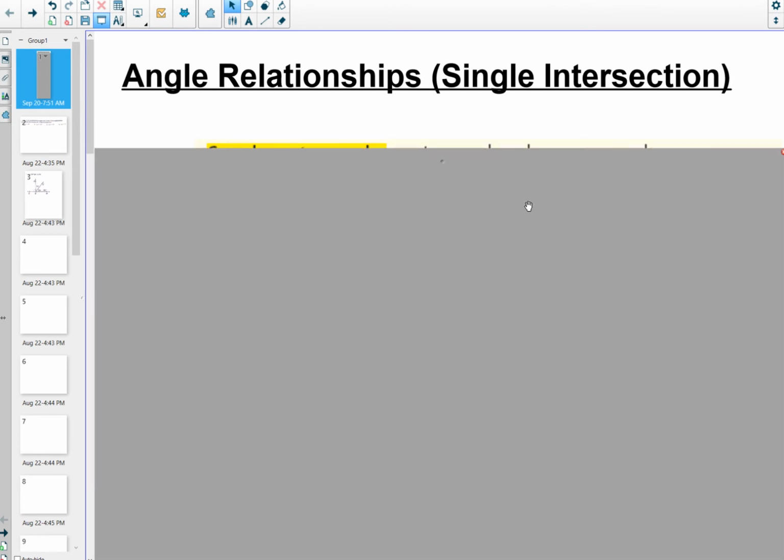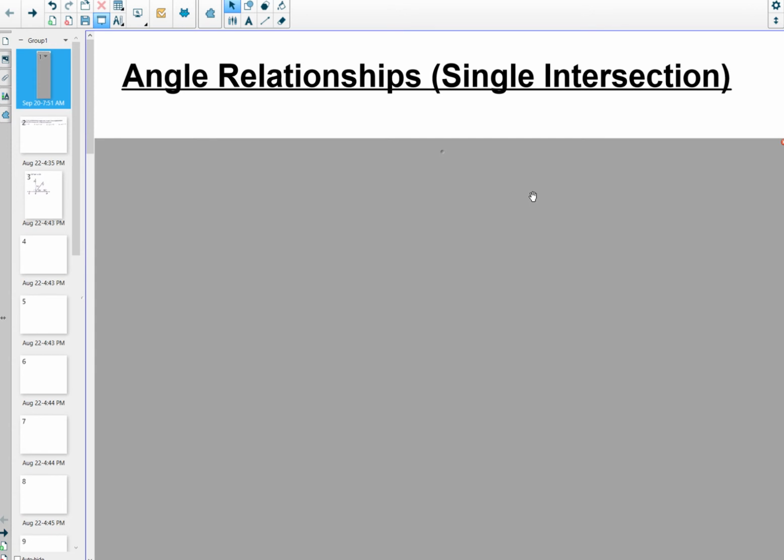I'll just squeeze it up here real small. If I draw 2 lines that cross once, one single intersection, how many angles are created? 4. So that's what we'll be dealing with today, and I believe it's also scheduled for tomorrow.